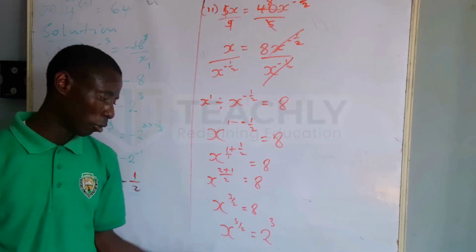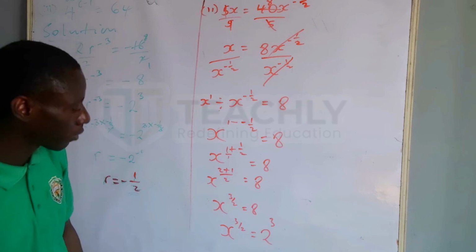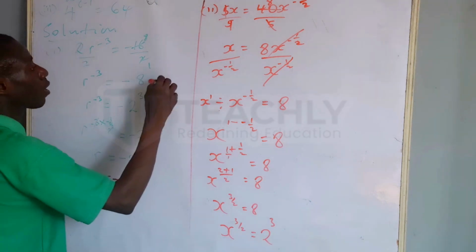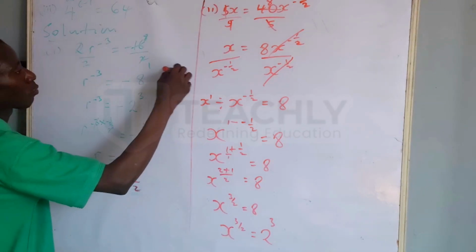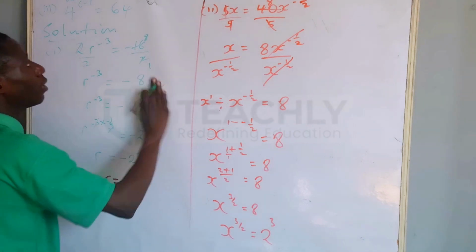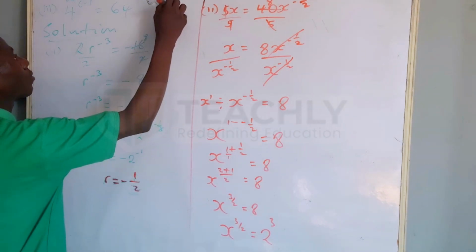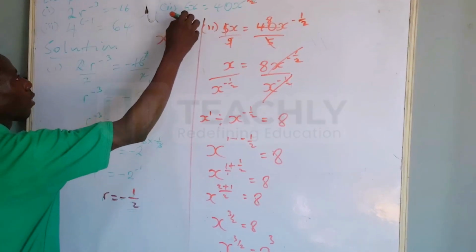So let me multiply the powers on both sides by 2 over 3. If you have x^(1/2) and you want to cancel the power, just multiply by 2 over 1, just invert the fraction. If you have x^(3/4) and you want to cancel it, just multiply by 4 over 3.